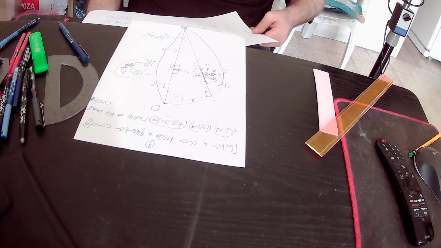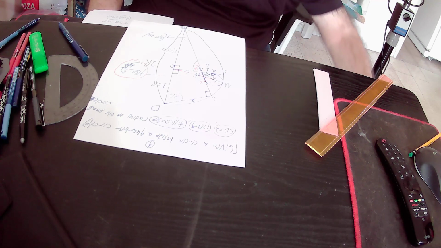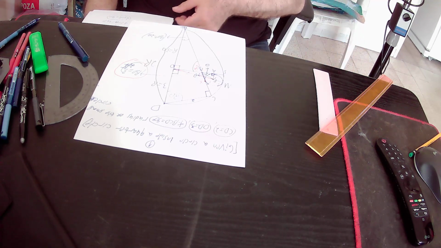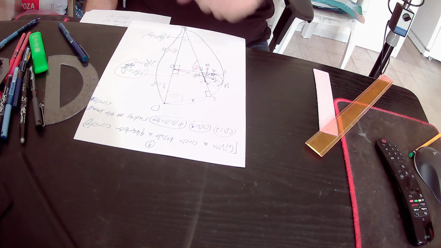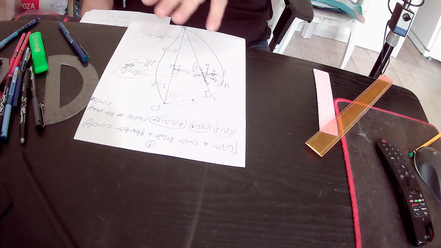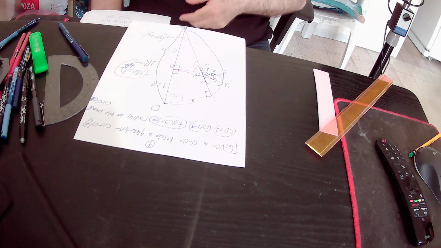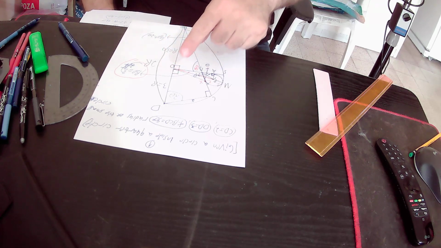We know that the diameter of any circle equals 2 times the radius, so DE equals 2R and DO equals R.